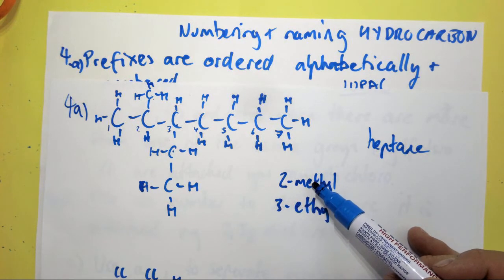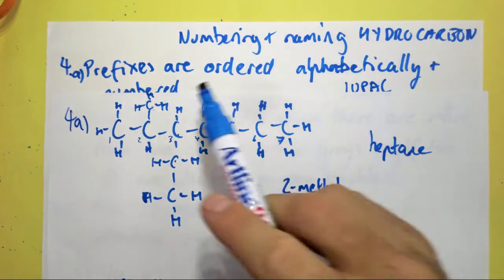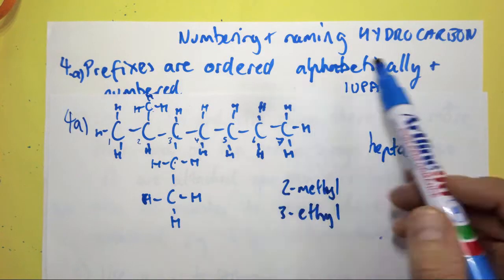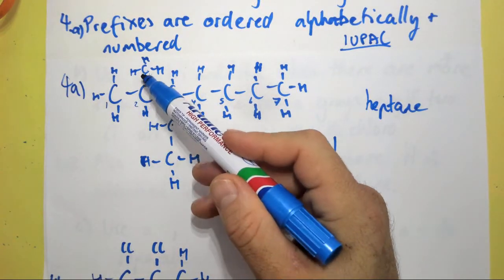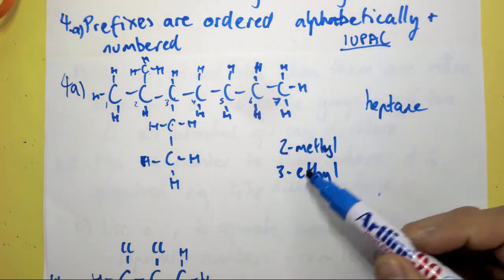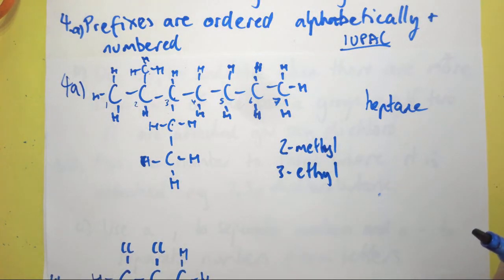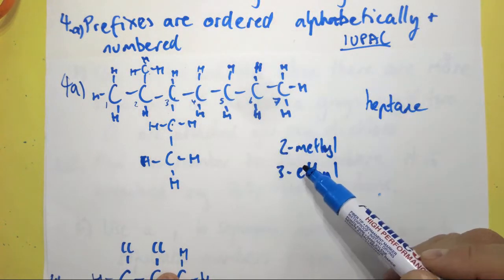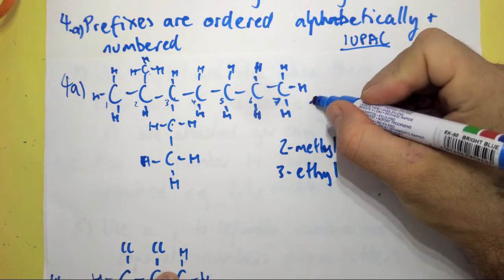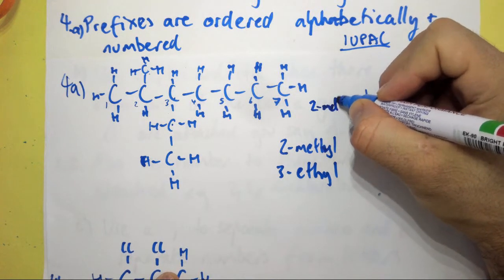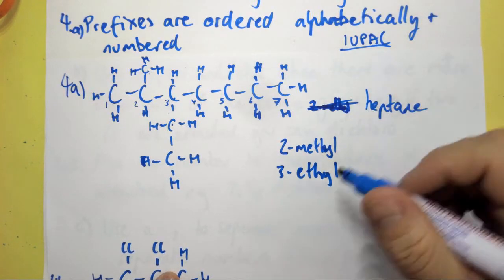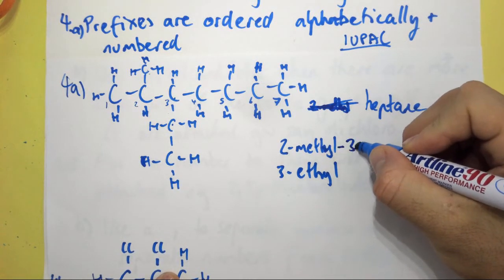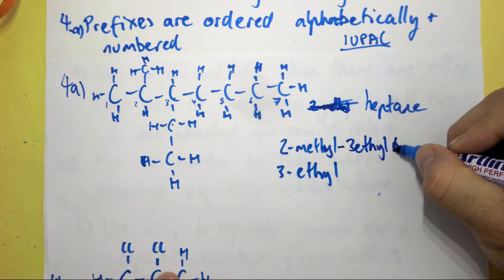Well, rule 4a, prefixes are ordered alphabetically and numbered. So the lowest group we'll go with alphabetically is the ethyl group. Alright, so it's going to be 2-methyl 3-ethyl heptane.